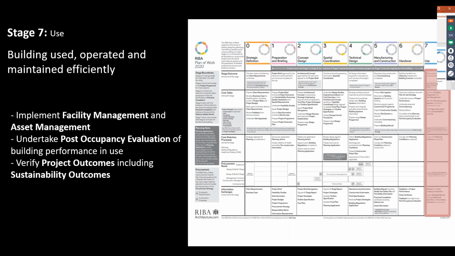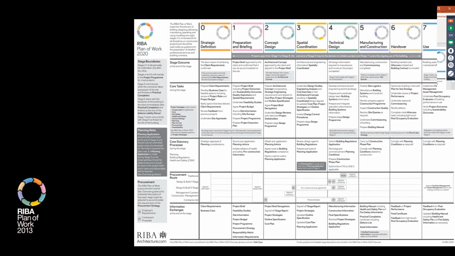And of course, the whole role of stage 7 is trying to get feedback that can be fed back into the stage 0 of the next project. Certainly for clients that are doing repeat projects, this feedback loop becomes essential for how buildings can be more efficiently operated. So that is really the nub of the changes to the RIBA Plan of Work.